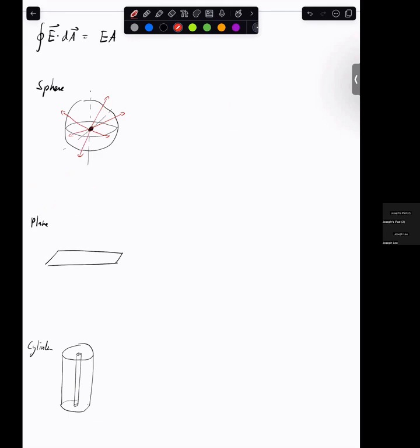In this case, our Gaussian surface is a sphere. The surface area of the sphere is 4 pi r squared. So therefore, in spherically symmetric cases, E dot dA will give us E times 4 pi r squared.